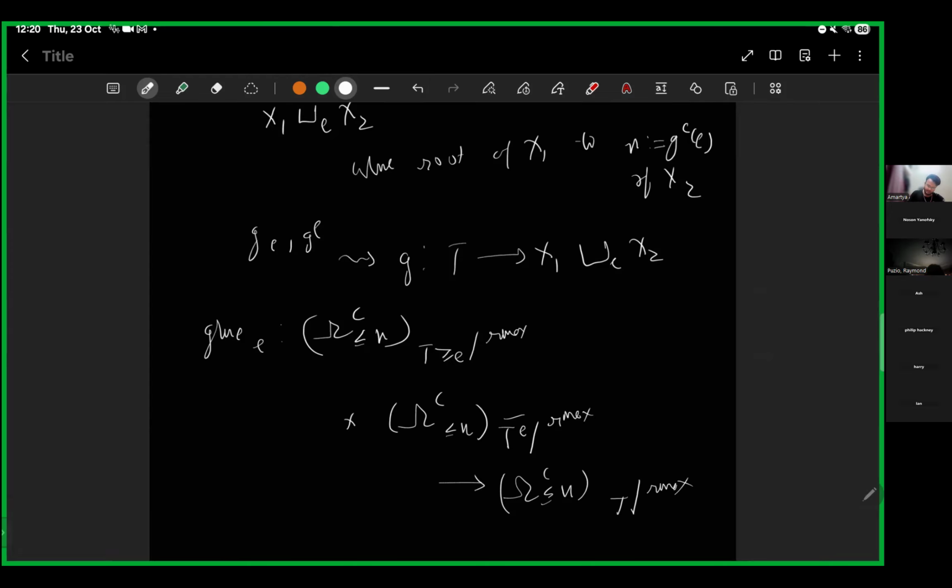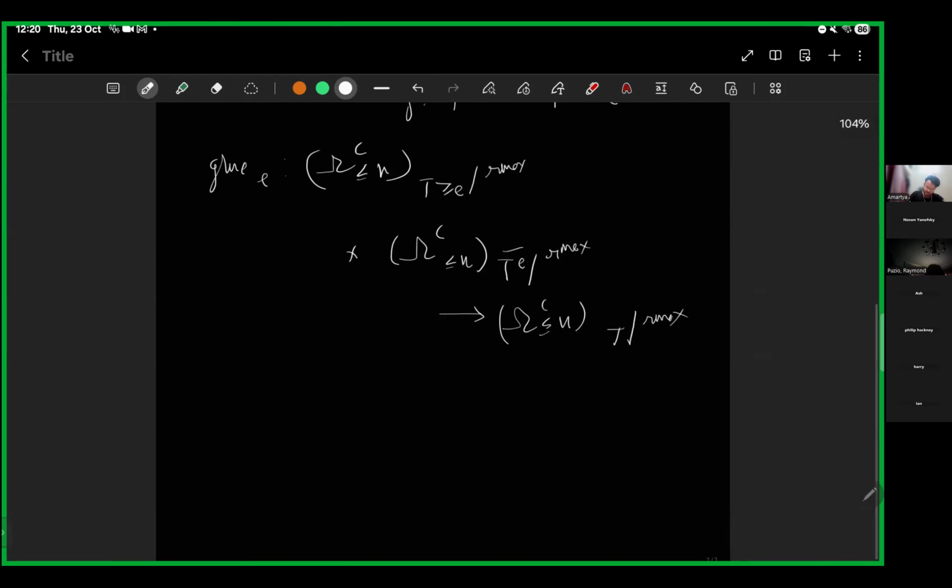So from all our short discussion, we have this lemma: first, T is a closed tree and E is an internal edge.